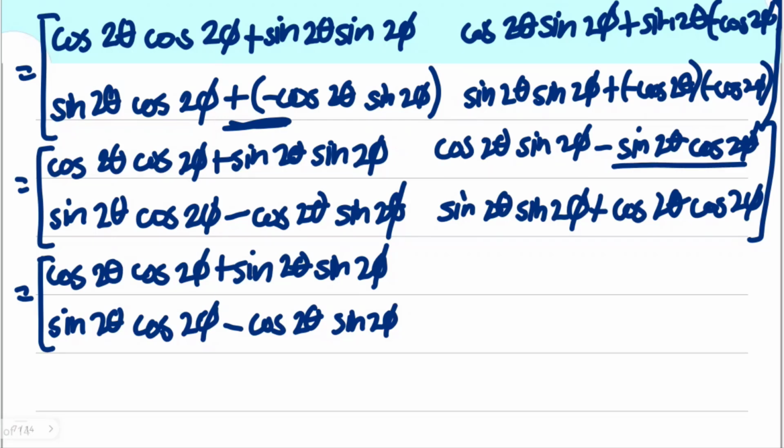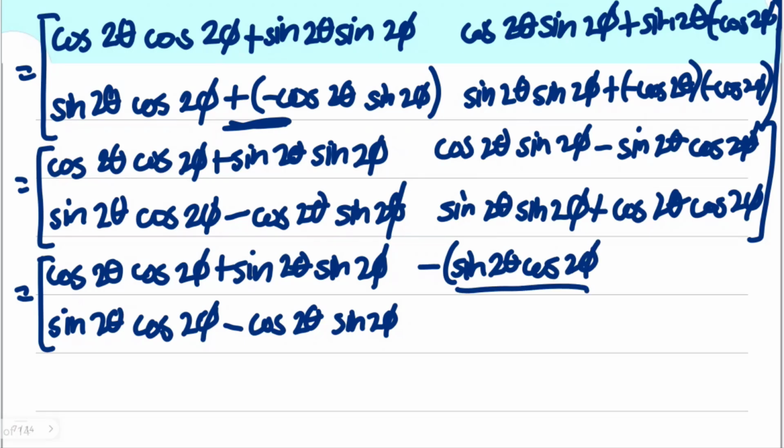I'll be rearranging at the top, okay? I'm gonna start with this. At the same time, I'm going to factor the negative, sine twice theta, cosine twice phi, so that this would correspond to that. And you would see that this being positive, when we factor negative, this will actually become minus cosine twice theta, sine twice phi.